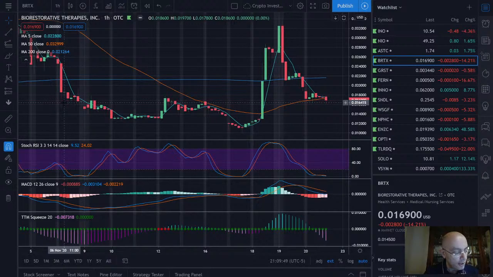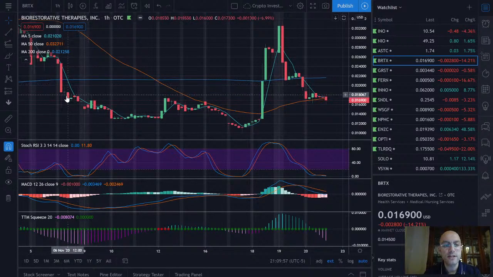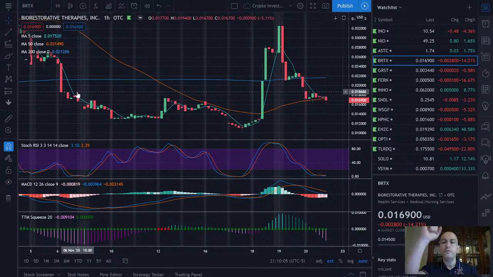And basically what it shows is that there is indecisiveness between the buyers and the sellers, and that's why you'll notice that the body is so small right at the center, because buyers are trying to push it up and sellers are trying to pull it back, and they're struggling to win or to lose.